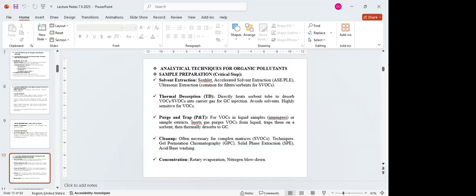And it kind of preserves the integrity of the substrate and the pollutant as it is. After this is done, we also have the process of thermal desorption, TD. This is where direct heat is applied to the sorbent material.